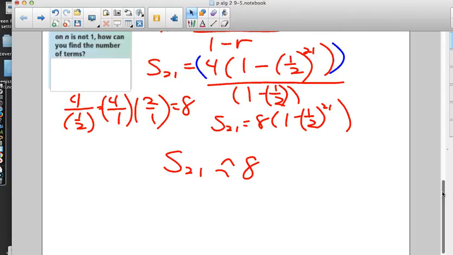Whew. It's the same answer, but what a mess, you know? So do a little bit of math in your head. You wouldn't even have to do it in your head, everybody. You could take 4 and divide it by 1 minus 1/2 on your calculator. It'll tell you 8, you know? You wouldn't have to do it in your head.